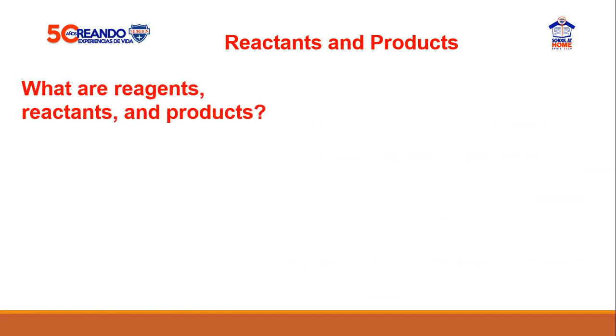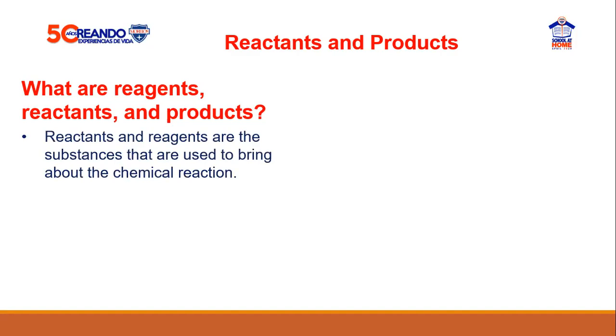What are reagents, reactants, and products? What's the difference? Okay, this is an important question because we need to know the difference. So reactants and reagents are the substances that are used to bring about the chemical reaction.